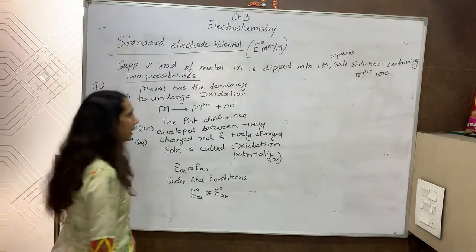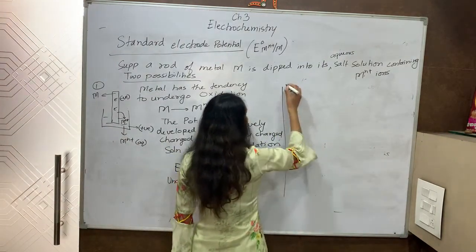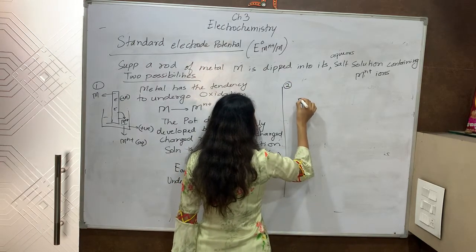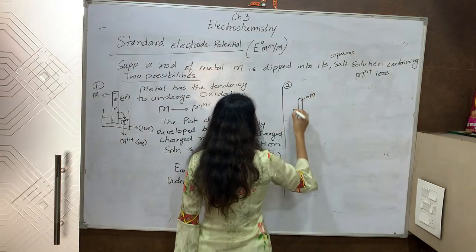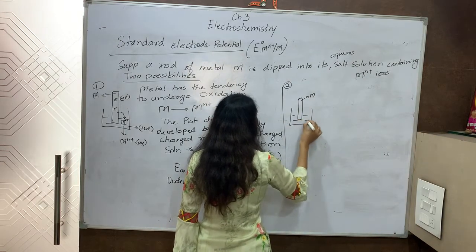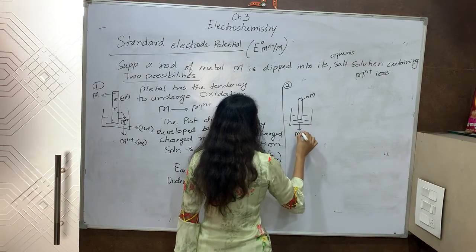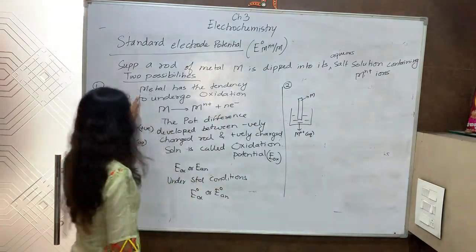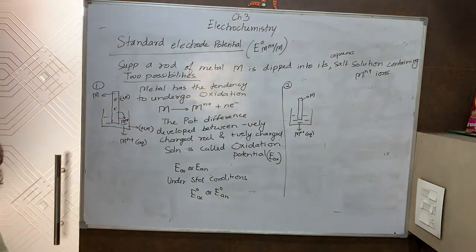Now we are coming to the second possibility. This is a rod of metal M dipped in the solution of its ions, Mn+, salt solution. First is the metal has the tendency to undergo oxidation.